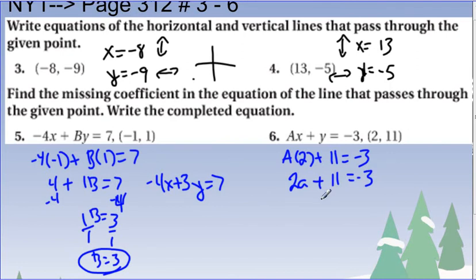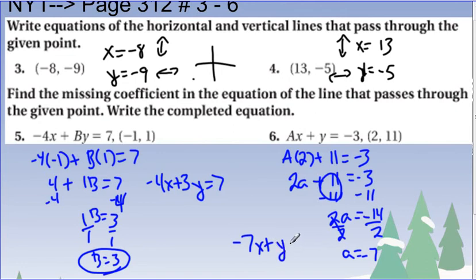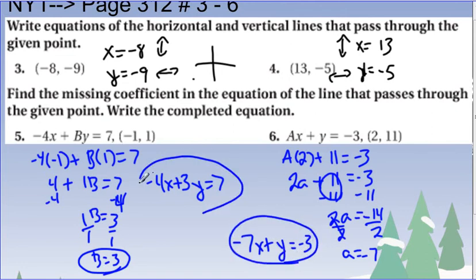Get rid of the adds and subtracts, so we subtract 11, giving us 2a equals negative 14. Then we divide by 2 to get rid of the times by 2, and a equals negative 7. So in standard form, that becomes negative 7x plus y equals negative 3. And there we go.